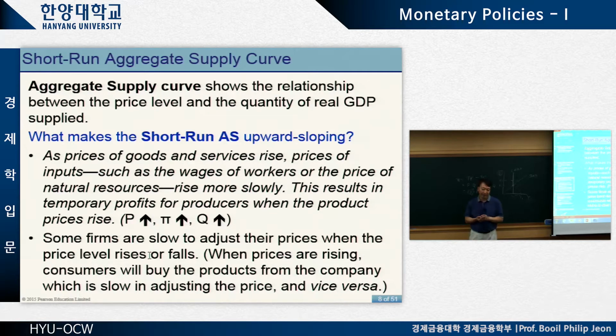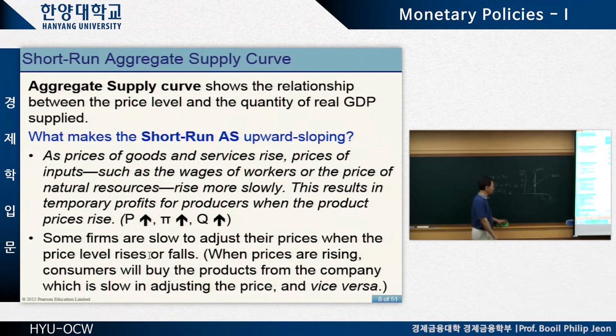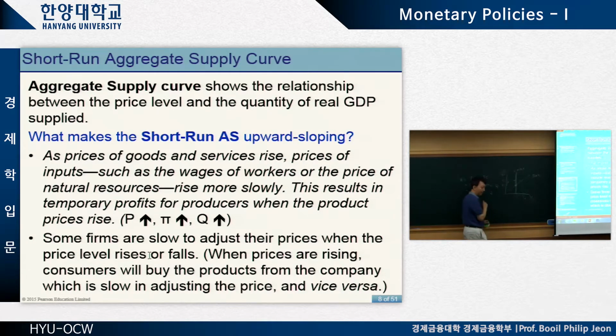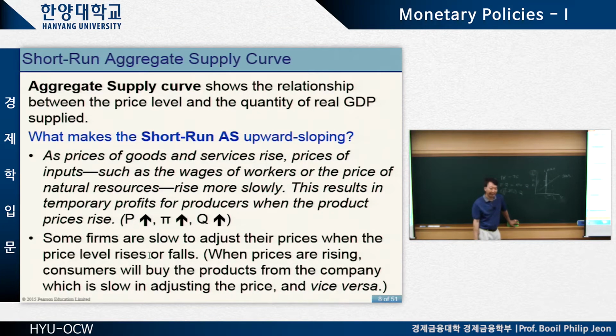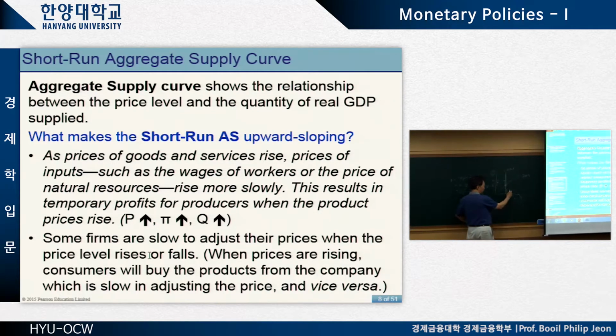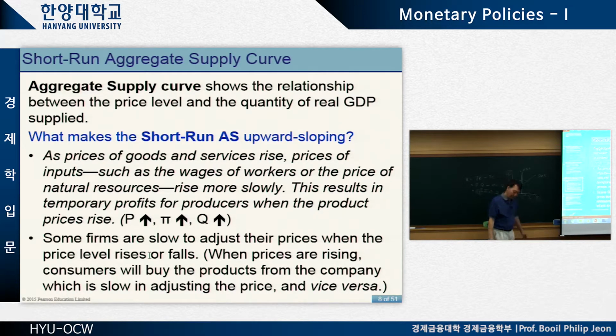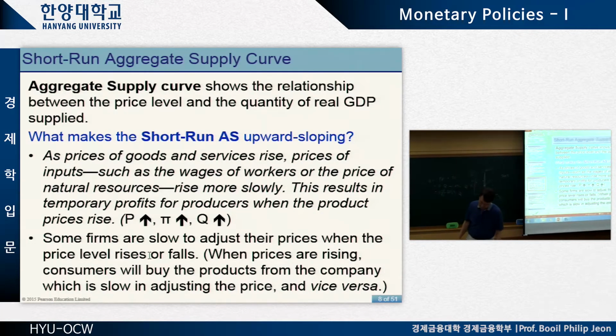So overall, what we are going to see in this entire economy is when the price level rose, because of this 20-30% of the companies' increased sales, the output will appear to increase. So we are going to see the positive relationship between the price and the output. Okay, so that's what this second explanation tells us.